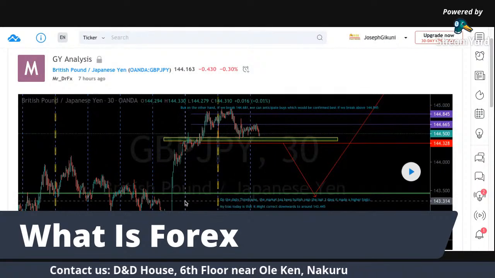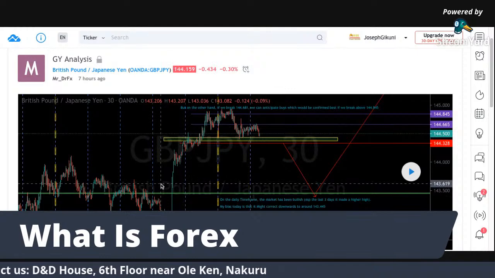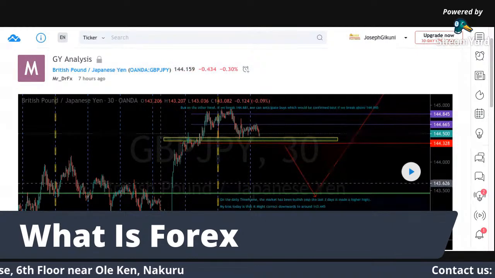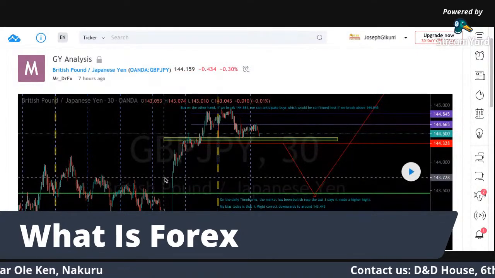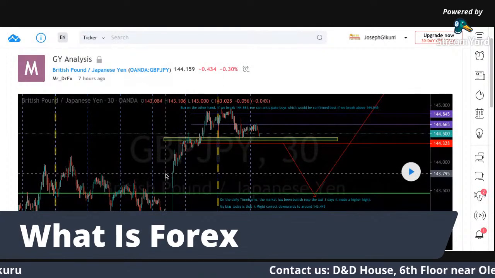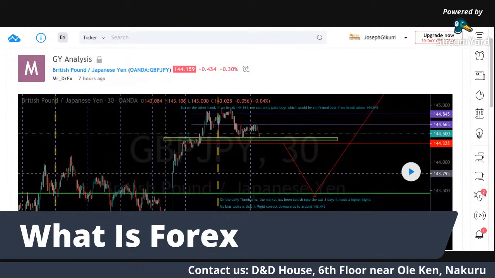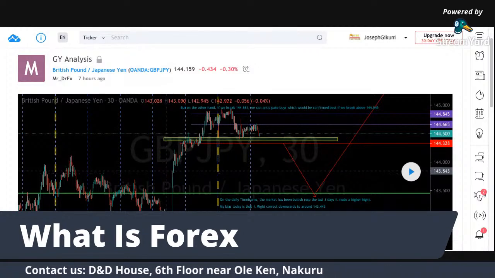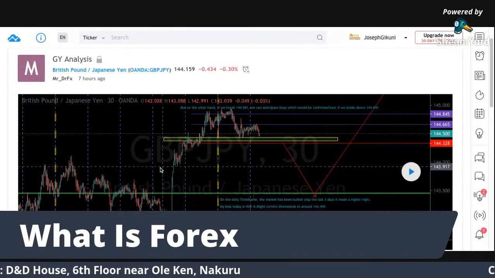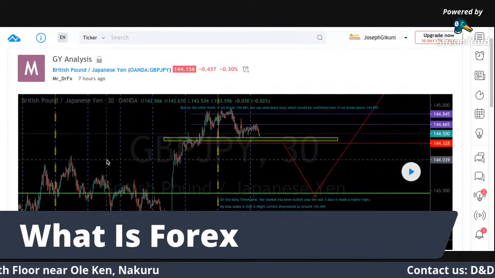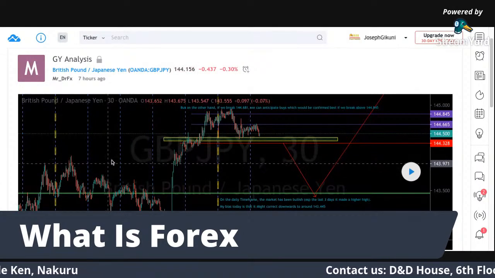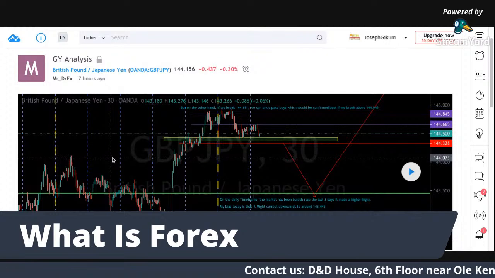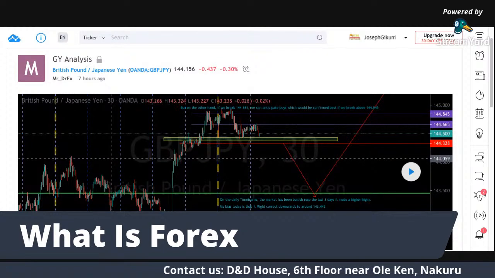Respect the last 3 days, it made high, correct. My bias today is that it might correct downwards to around 143.4. Exactly what is happening? I don't know. That's correct to 144.15. I don't want to correct up to 144.1, but it could be.